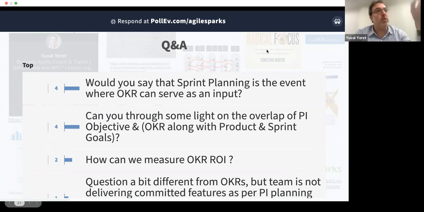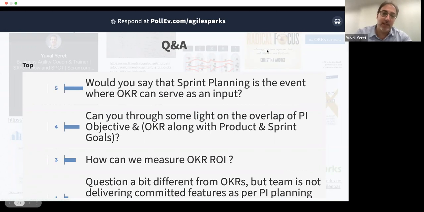Typically, we don't. Why don't we? Because in PI planning, if you've seen that, there's very little time to craft very detailed objectives and key results. Coming up with good PI objectives is hard to begin with. Getting to the level of quantitative measurement of well-crafted OKRs during PI planning is kind of hard.